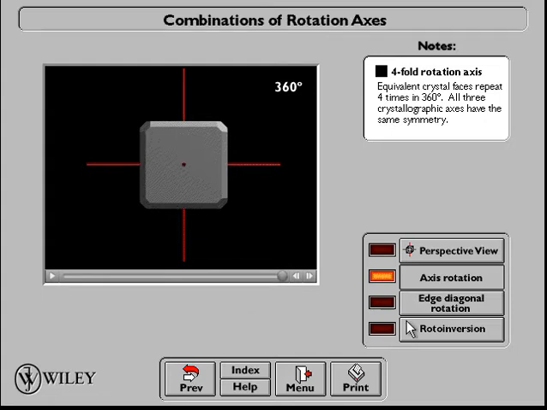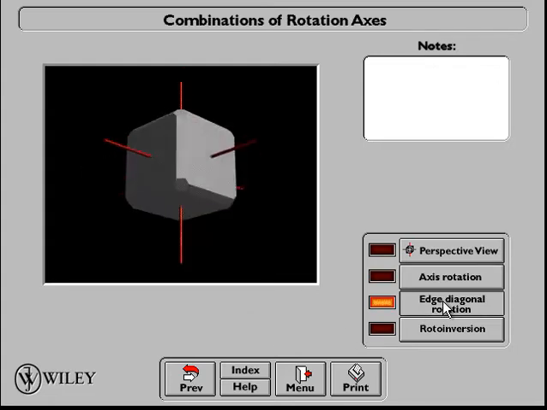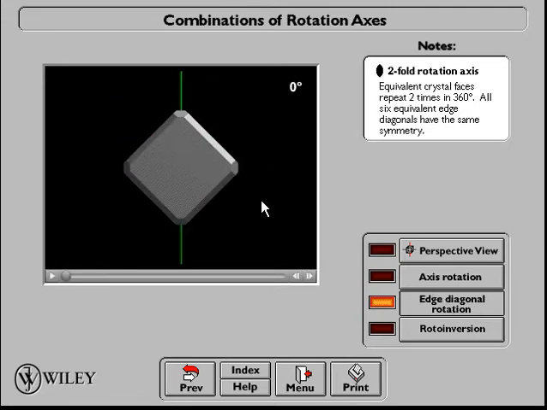Then we have the edge diagonal rotation. So here we have again our cube crystal, but with a 2-fold rotation axis, because we are dealing now with edge rotation. If we are dealing with a 2-fold rotation axis like here, then equivalent crystal phases repeat 2 times in 360 degrees.